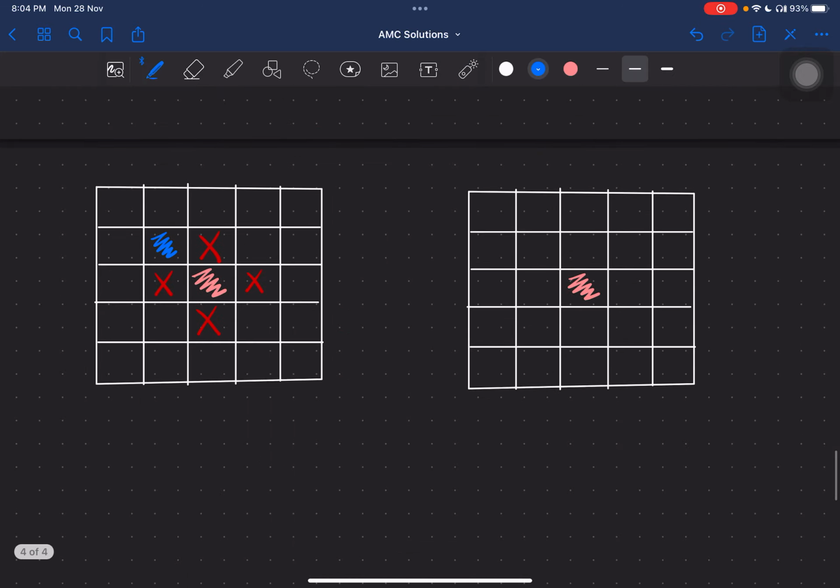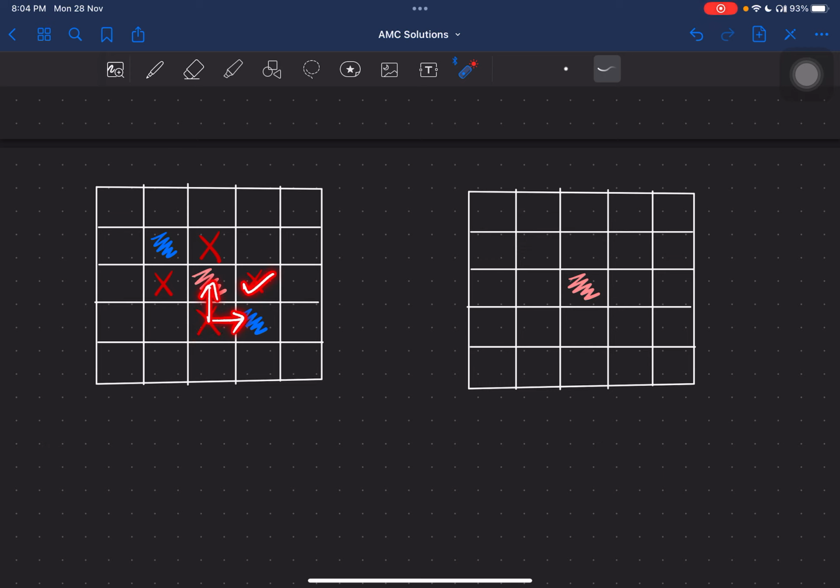So if I take this and this, is it valid? After the transformation, this has only one neighbor, so that will not survive. This has also only one neighbor, so that will not survive. And this is empty, so it needs 3 neighbors to become filled in the next, but it has only 2.